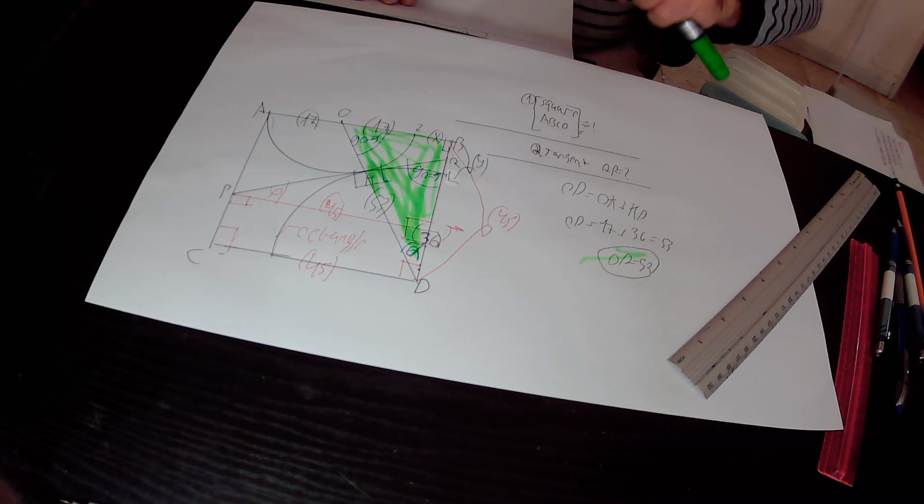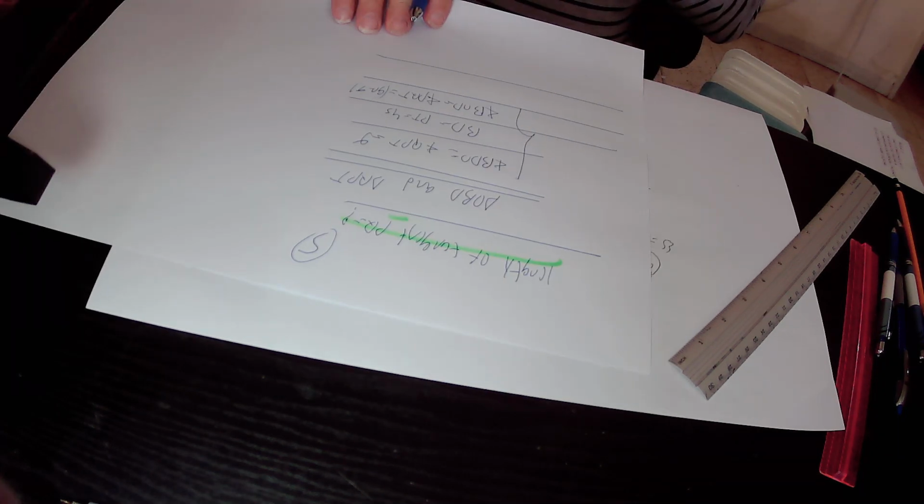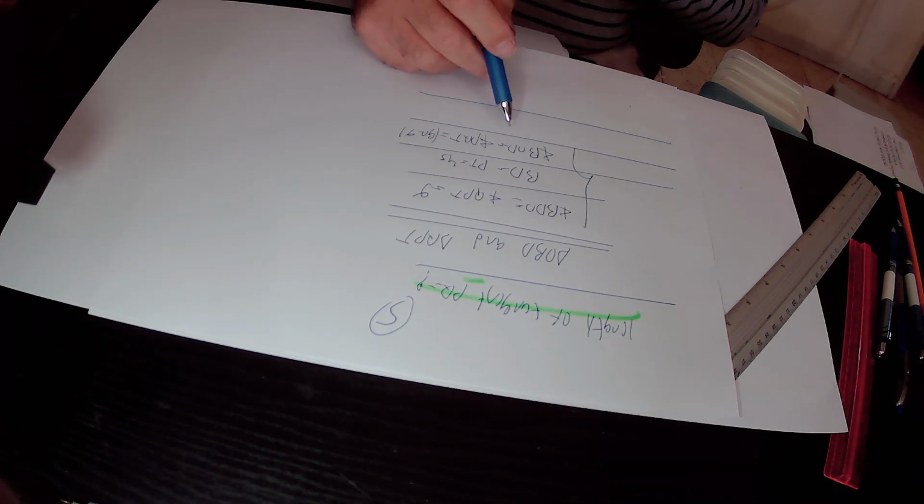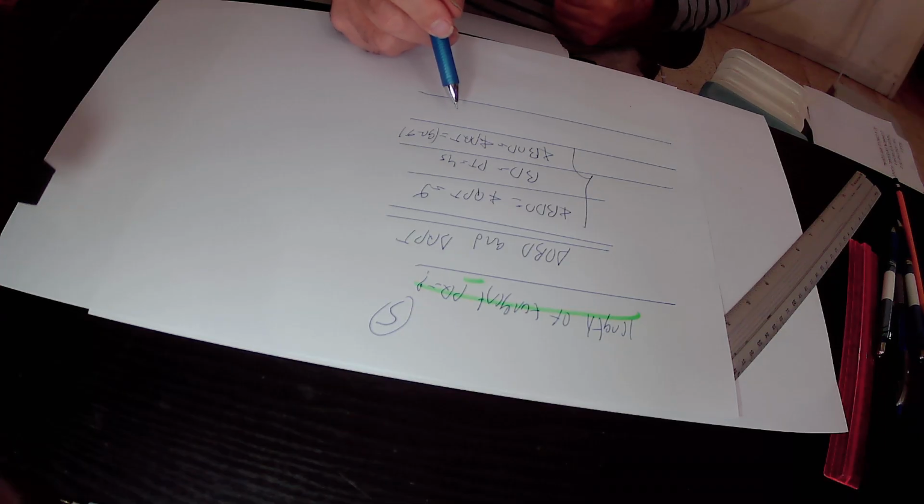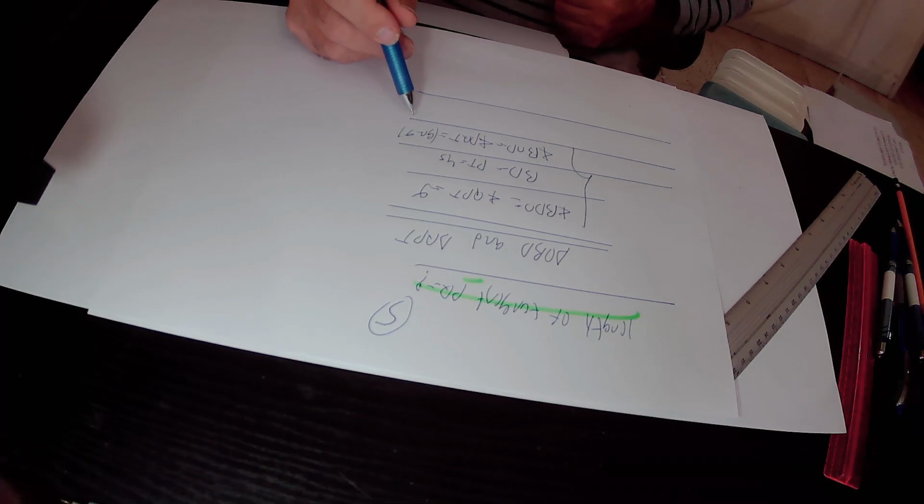So again, angle BOD in the green triangle equals angle PQT in triangle PQT. They are both equal to 90 degrees minus alpha, and therefore they are equal to each other.